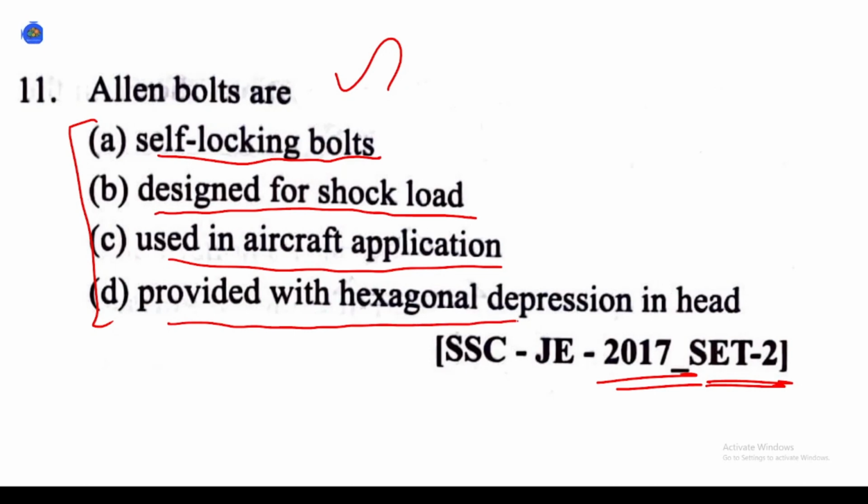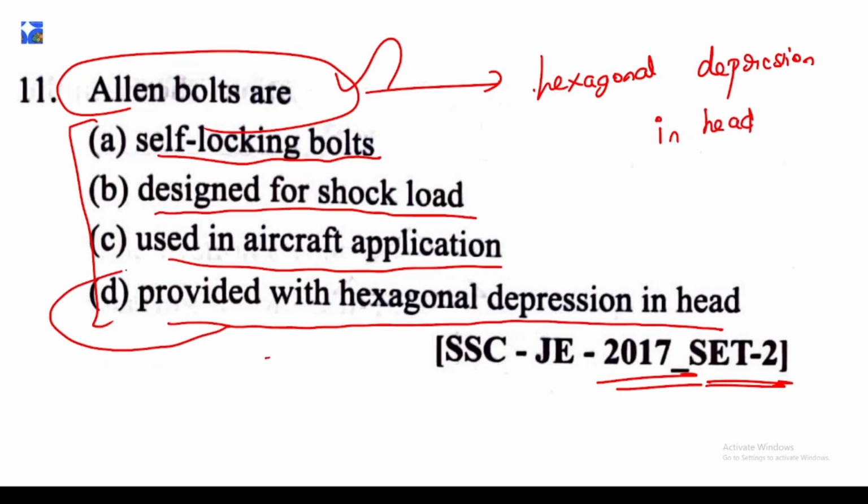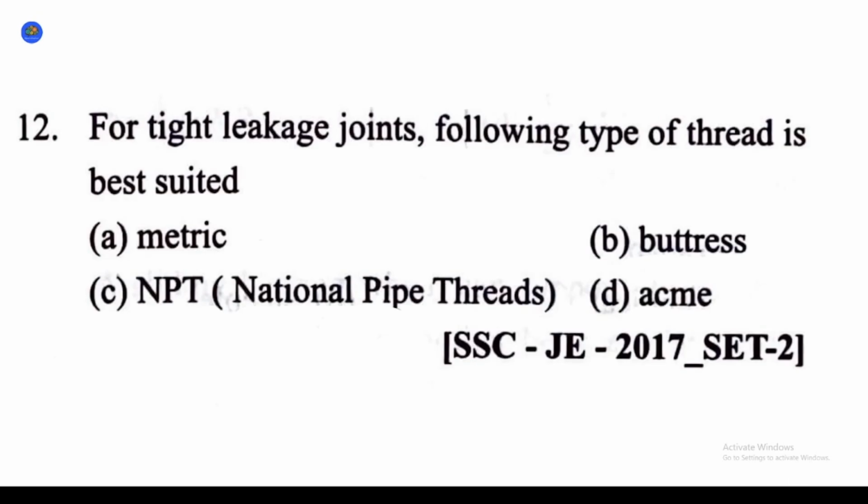Option D, it is provided with a hexagonal depression in the head. Generally Allen bolts are provided with a hexagonal depression. There will be some depression, but it is hexagonal, in its head. So I can say that option D would be the correct answer. So we'll move on to the next question.